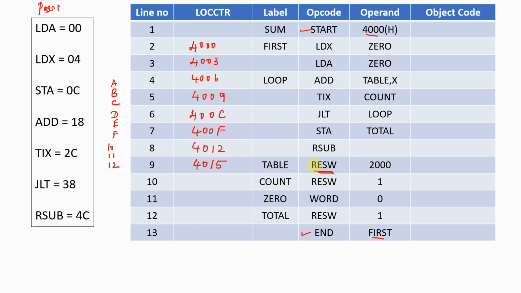So now we have the keyword called reserve word. Reserve word means we have to reserve 2000 words, each word having 3 bytes. According to this calculation, 2000 into 3 is equal to 6000 bytes.